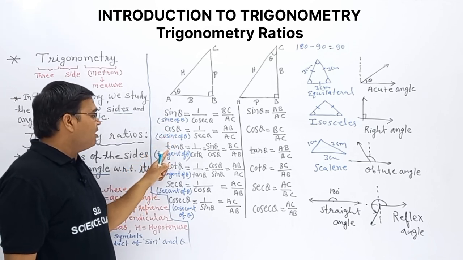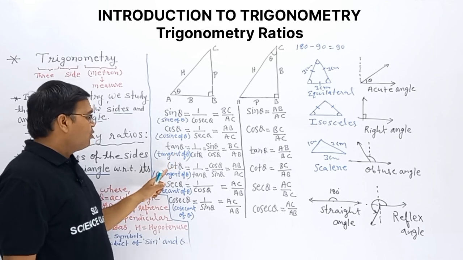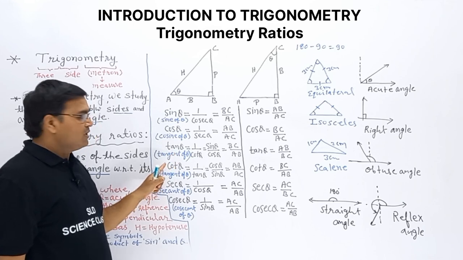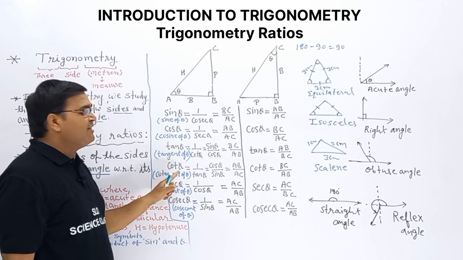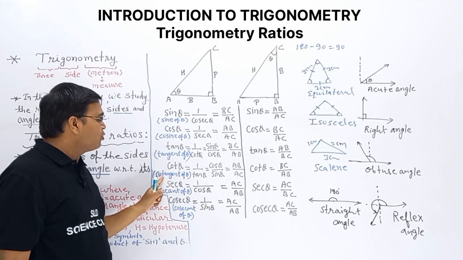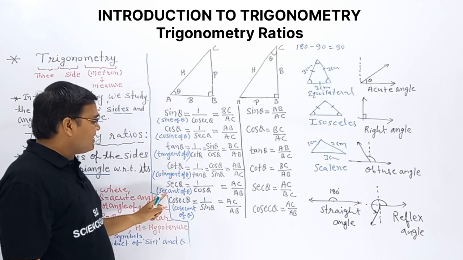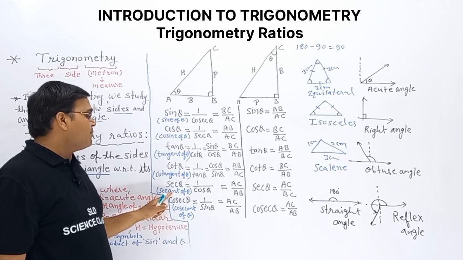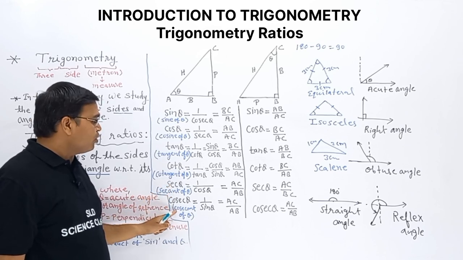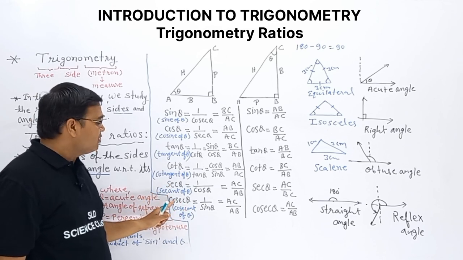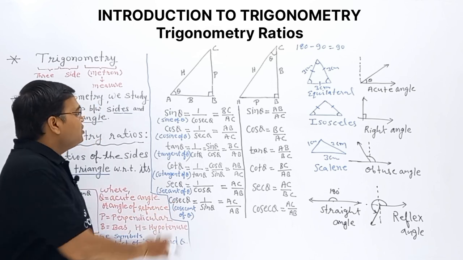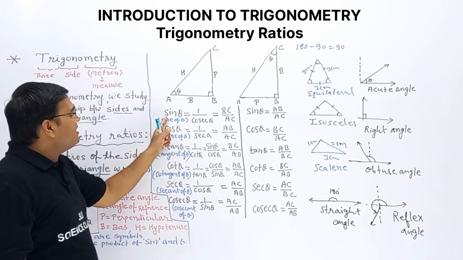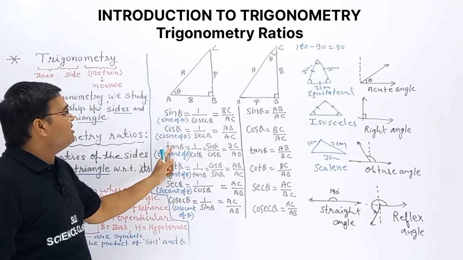Tan comes from tangent. Cot is an abbreviation of cotangent. Sec is the abbreviation of secant, and cosec is the abbreviation of cosecant.